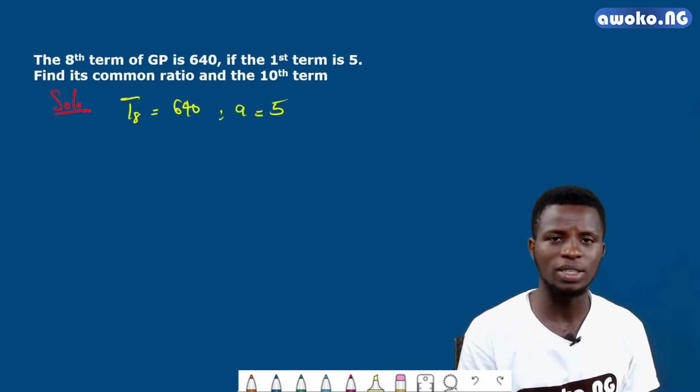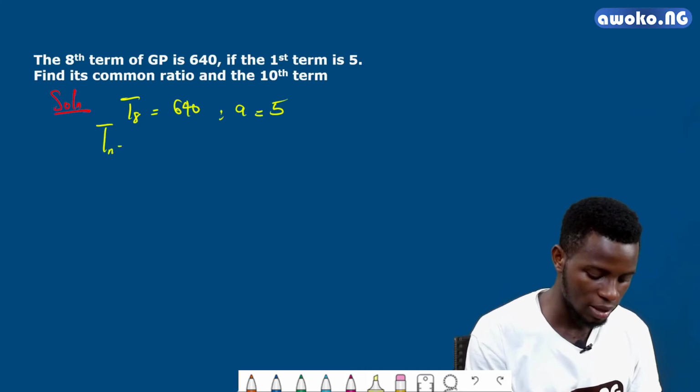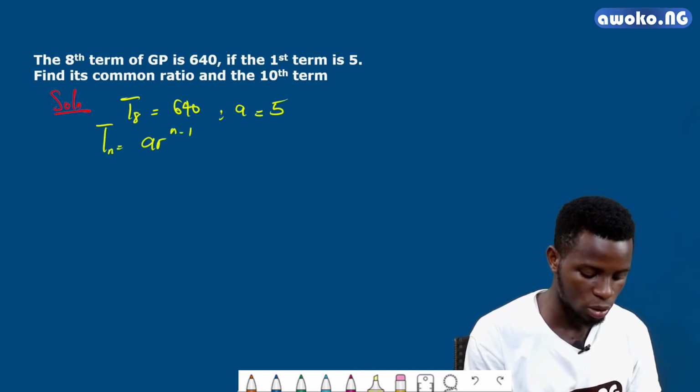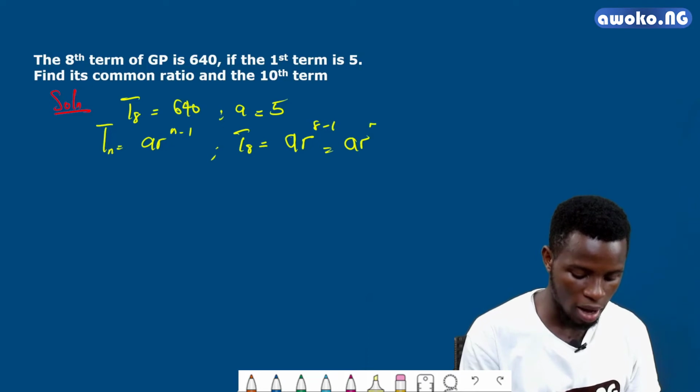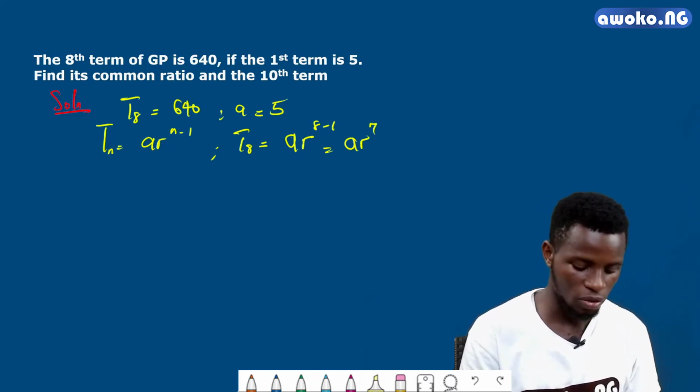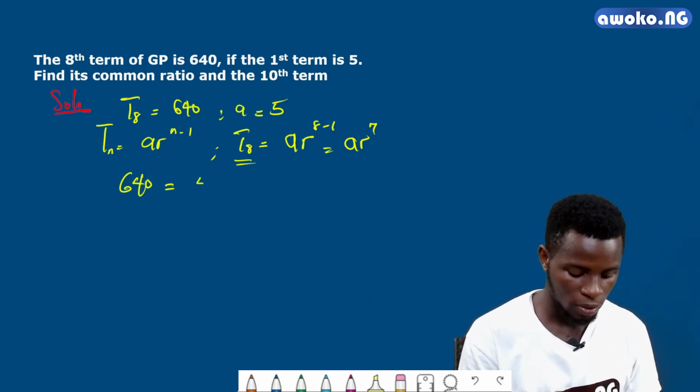We can calculate the value of the common ratio from this. Since Tn is equal to ar raised to the power n minus 1, T8 is equal to ar raised to the power 8 minus 1, which is equal to ar raised to the power 7. Since T8 is equal to 640, this will be equal to 5 r raised to the power of 7.